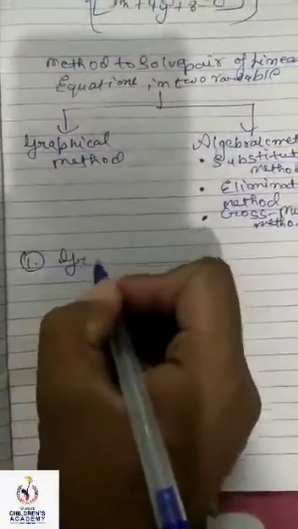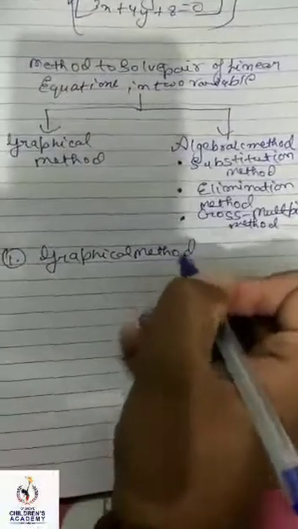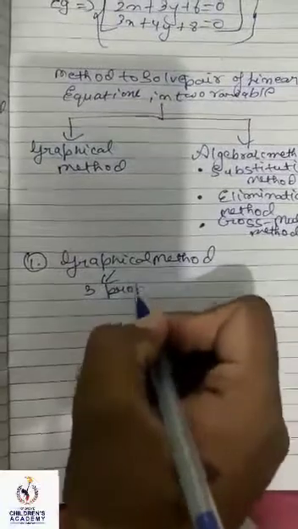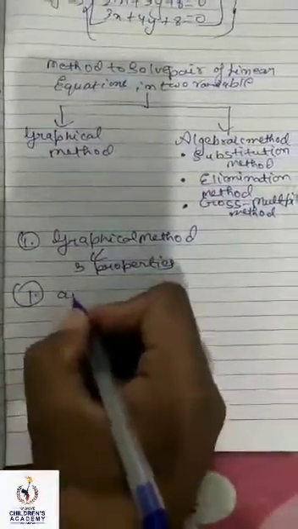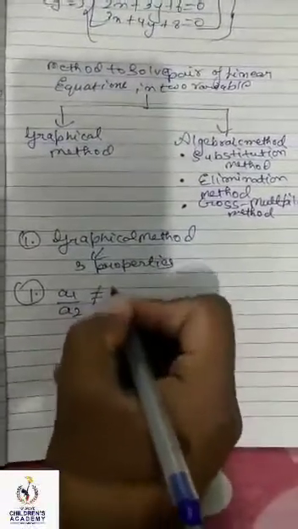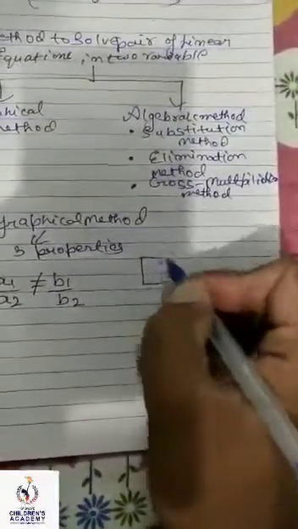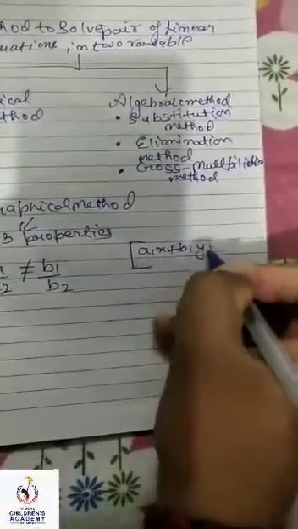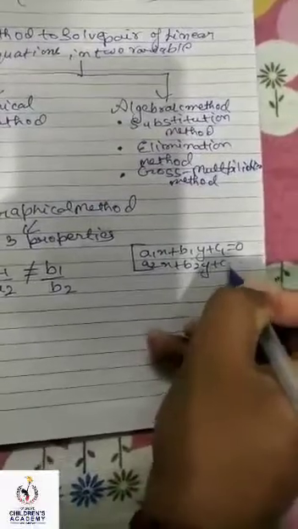Okay, so the first topic is the graphical method. In this we have three properties. The first property is a1 upon a2 is not equal to b1 upon b2. Let's write the general equations one more time: a1x plus b1y plus c1 is equal to 0, and a2x plus b2y plus c2 is equal to 0.